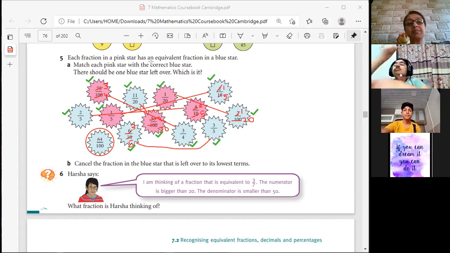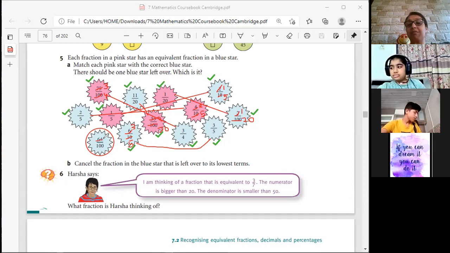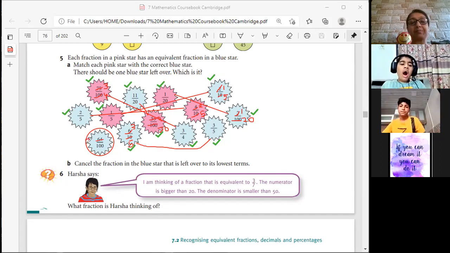Correct? Yes. So if you don't know 4 times directly, we can start with 2 times. First, if I do with 2 times, I get 32. Am I right? Yes. And then here in the denominator, I get 50. Then again I do with 2s. So what do I get? 32 will become what?